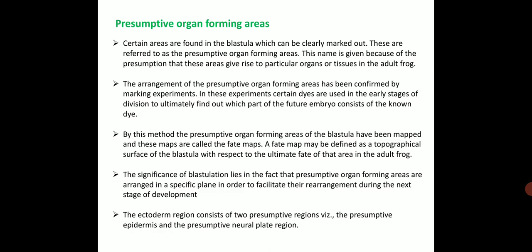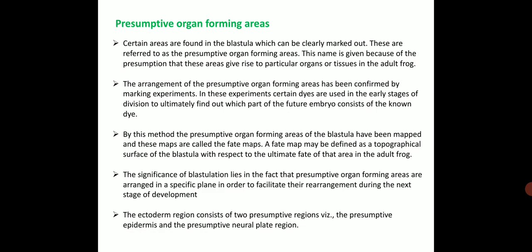This name is given because of the pre-assumption that these areas give rise to particular organs or tissues in the adult frog. The arrangement of pre-assumptive organ forming areas has been confirmed by marking experiments. In these experiments, certain dyes are used in early stages of division to ultimately find out which part of the future embryo consists of a known dye.